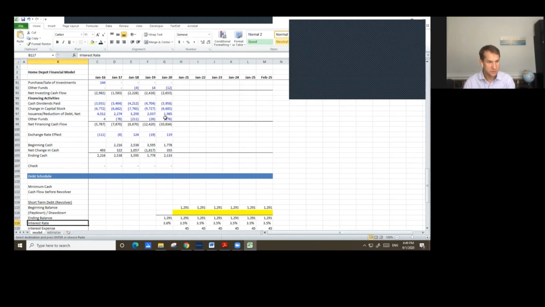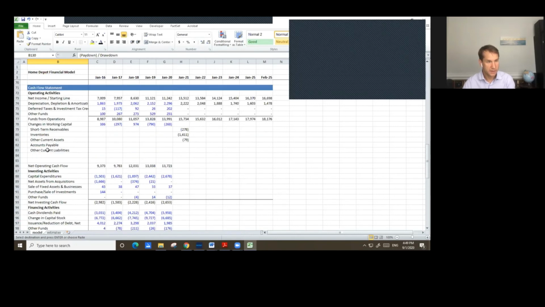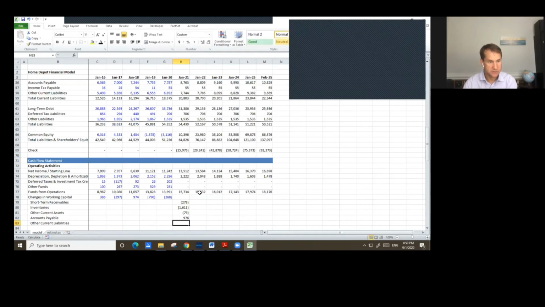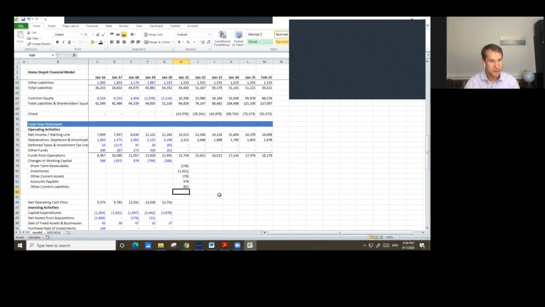That's the one that needs to flow through the cash flow statement. Yep, I got that. Okay, so accounts payable would be current balance minus prior year balance. Other current liabilities would be current balance minus prior year balance.